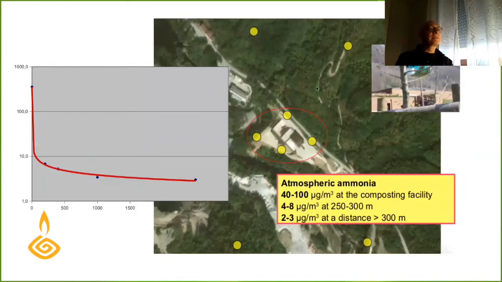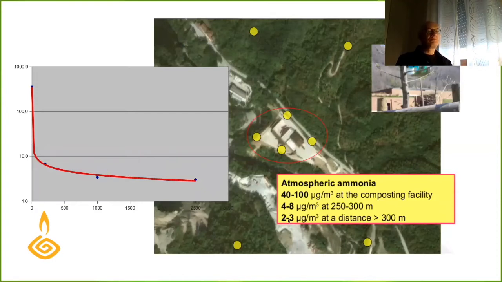You see, this is a study we have done around the source of ammonia. It's a compost facility in central Italy, where I live. We measured the concentration of ammonia in the atmosphere in the range of 40 to 100 micrograms per cubic meter, and moving away, the concentration dropped really from 4 to 8 micrograms per cubic meter in a very short distance.